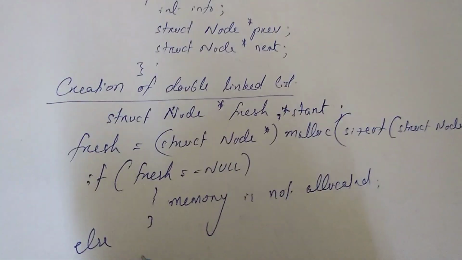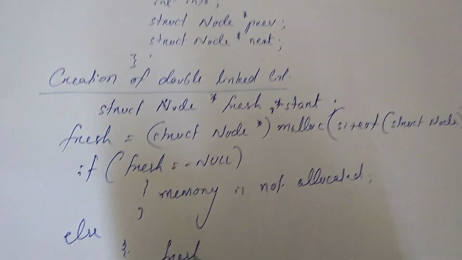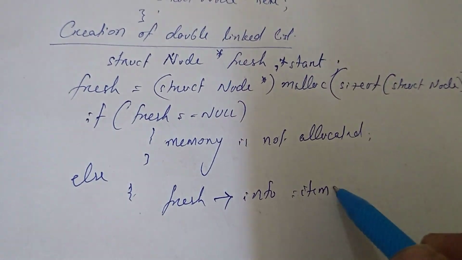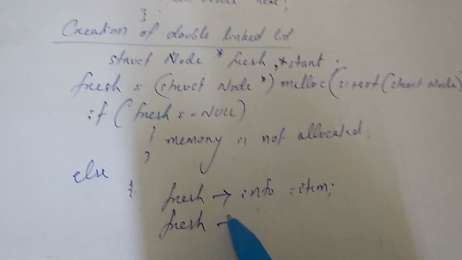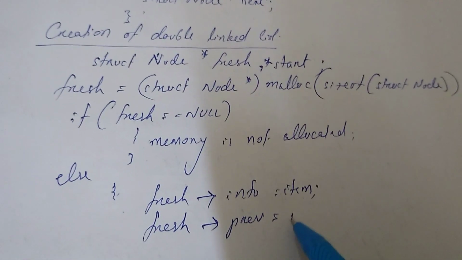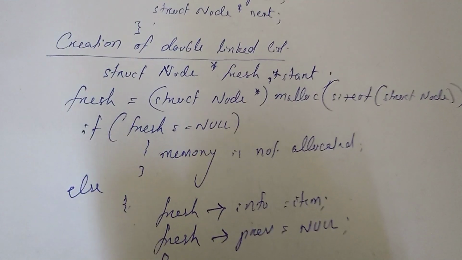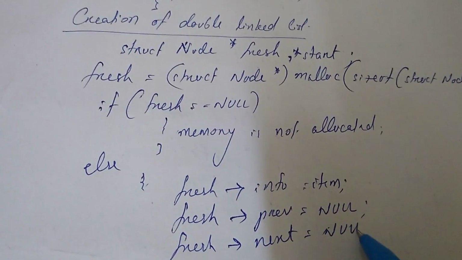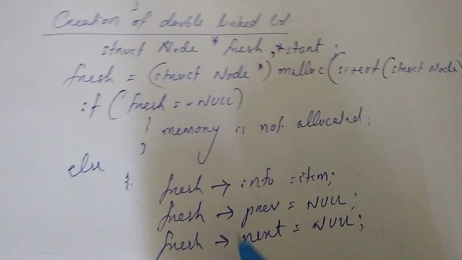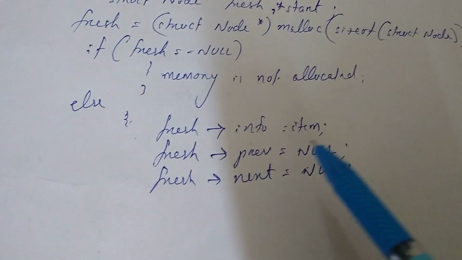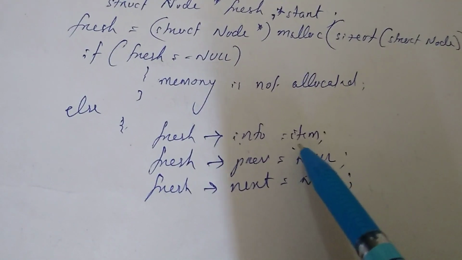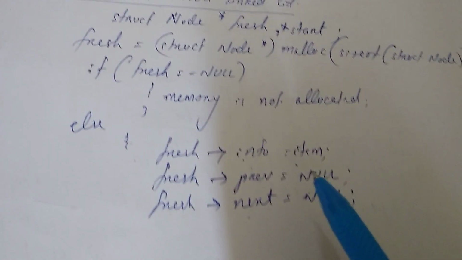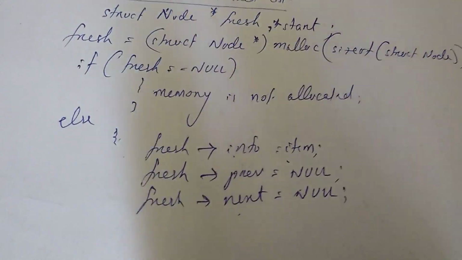Else you can give fresh info the item, fresh previous equals null, and fresh next equals null. This way you make the freshly created node ready, having the info part with a value, and previous and next with null value, because now it is not a part of any linked list.